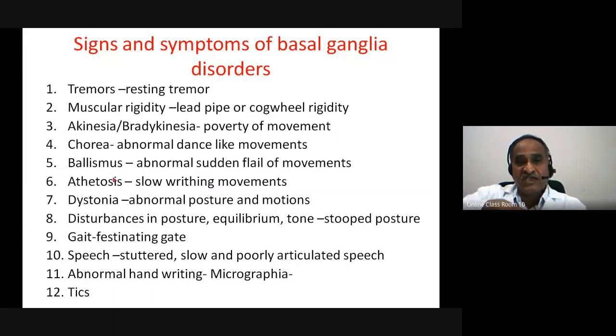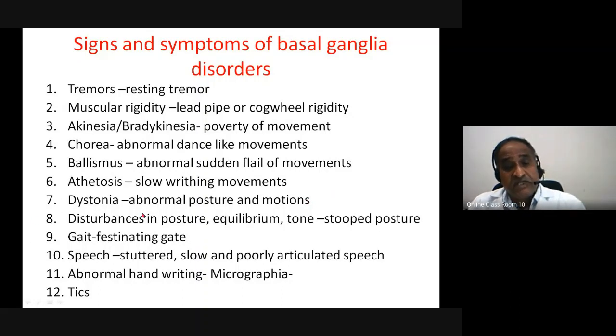If you see this continuously, you will have a very slow motion. Then dystonia is a sudden contraction of a particular group of muscles, not able to perform any actions, resulting in abnormal posture and abnormal motion, even leading to falling down or slipping.